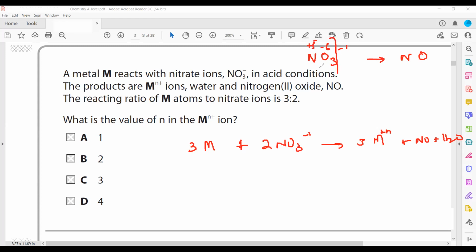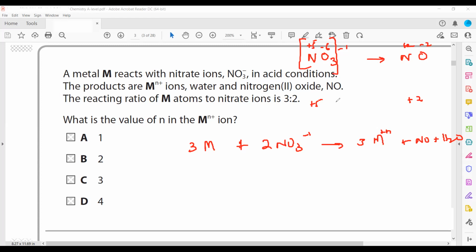The overall charge is -1 on nitrate, so nitrogen should be +5. In NO, oxygen is -2, so nitrogen should be +2 because the overall compound is neutral. So +5 changes to +2.